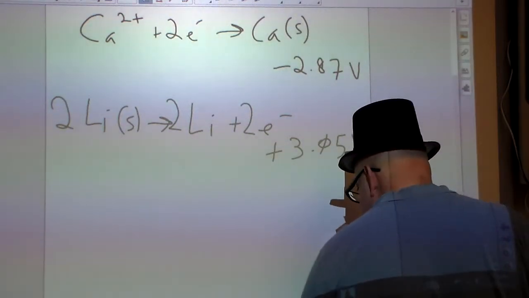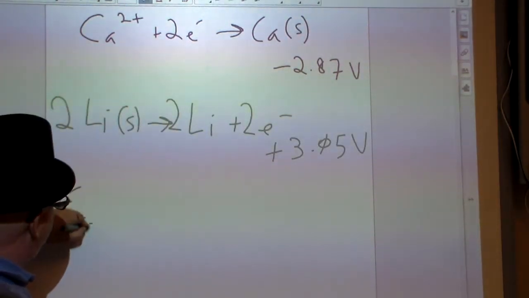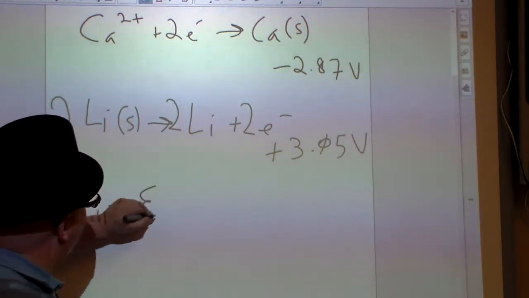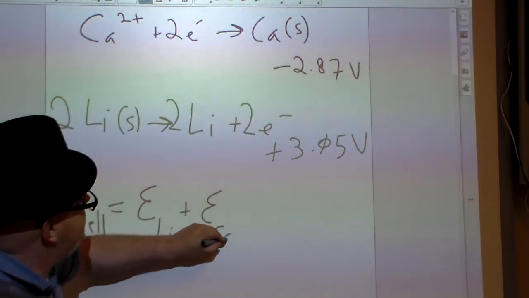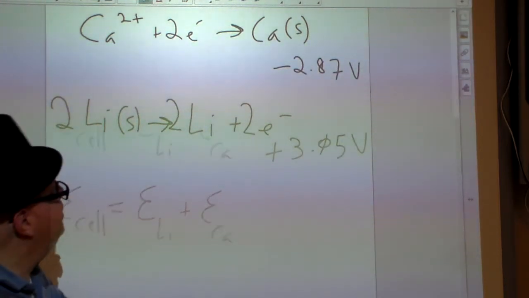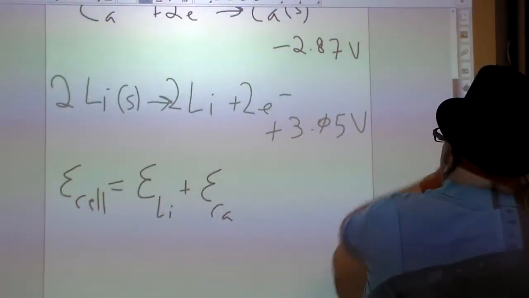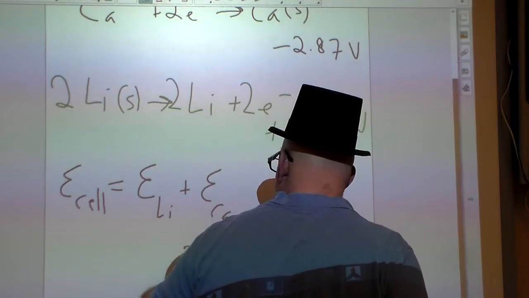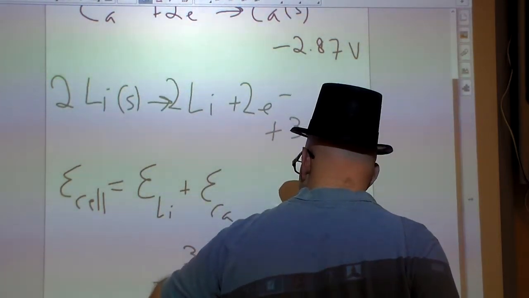So when we look at our E cell, ladies and gentlemen, here we go. Our E cell is equal to the E of the lithium plus the E of our calcium. Remember, I picked these two totally different things, and you're going to get a total value of 3.05 take away 2.87.